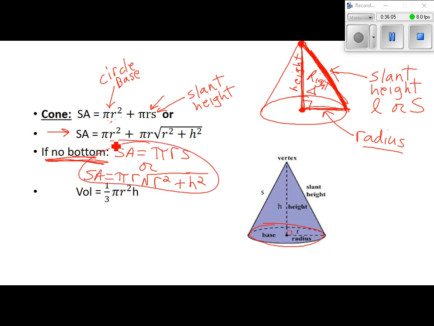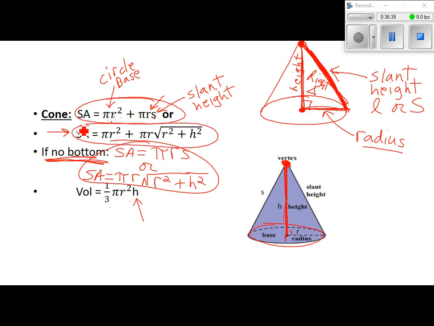Volume, this is the formula for volume. Again, the H is just the regular height, the height going straight down through here. So if I'm at the top of this cone and I'm dropping a rope down to the bottom so I can climb down it to get to the base of that cone, that's the height. Notice up here, back on surface area real quick, this first formula uses radius and slant height, and this is why there's two different formulas.